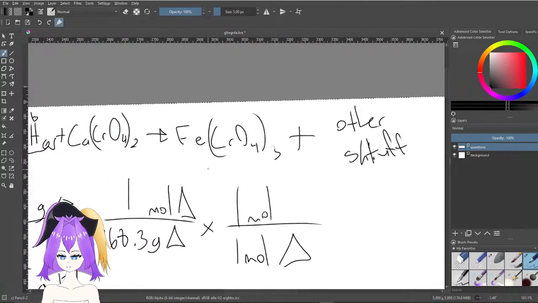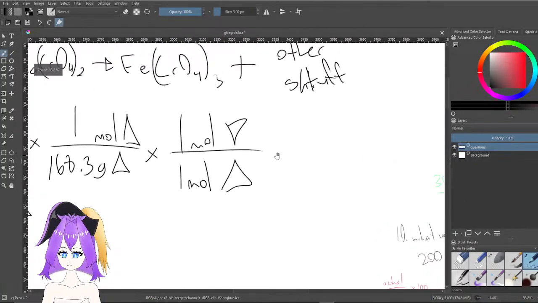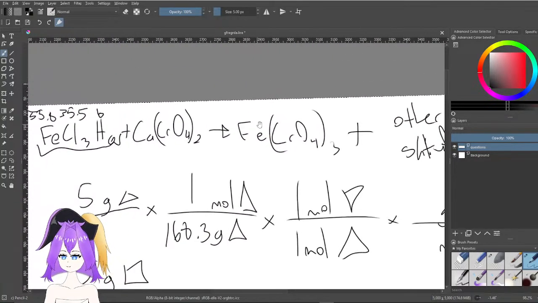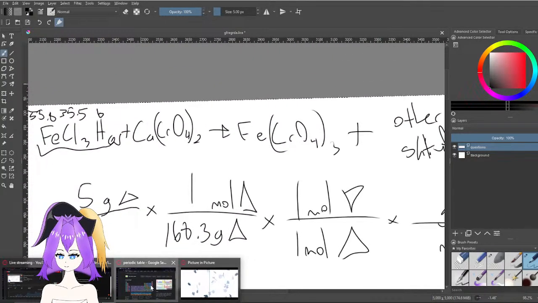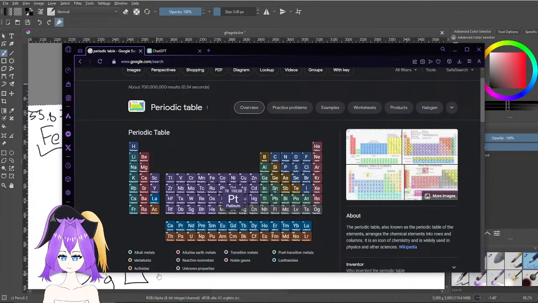And let's make this iron chromate an upside down triangle. So we go moles of that, grams of that. Chromate, chromium. Okay, so 51.9.